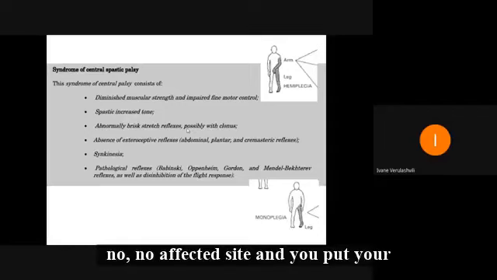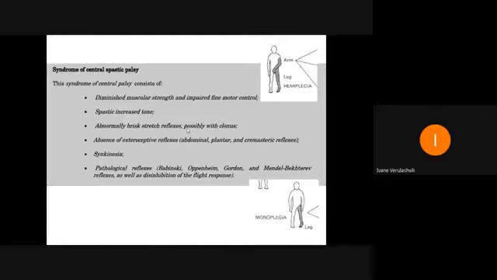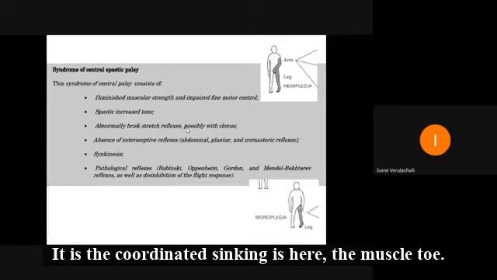The same, if you ask to make a fist on the non-affected side and you put your hand to the forehead of the limb, you see that the muscle tone is elevated. It is coordinated synkinesia.